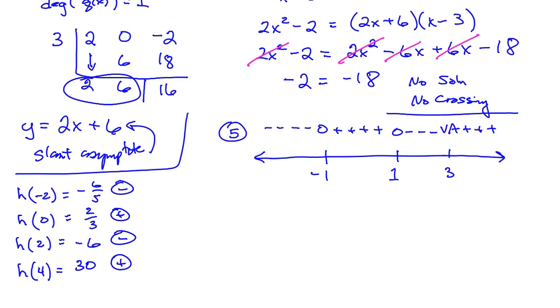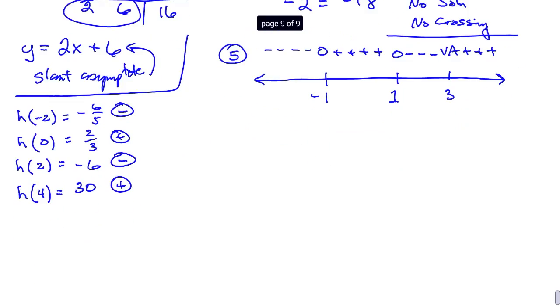So again, we have the sign chart. The sign chart is going to tell us where the pieces of the graph go. With this information, we can draw the graph.